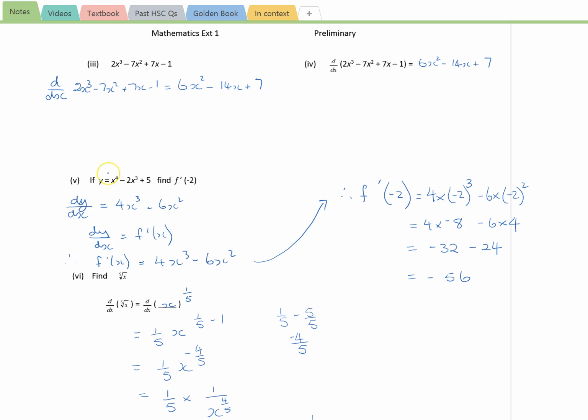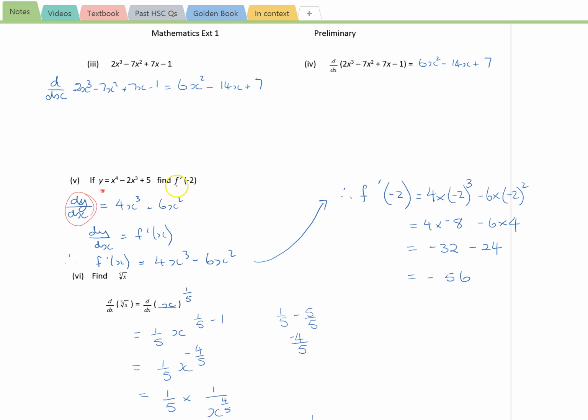With this one here, now this is unusual. I guess it will happen, but it's not very good practice on the part of the person setting the question. They've named the function y. So normally, yes, we would talk about dy dx.